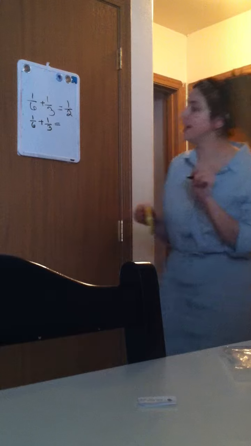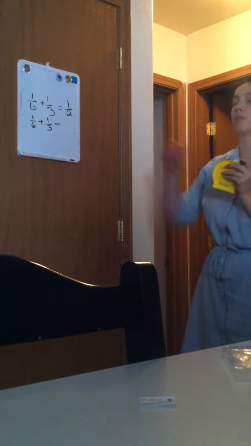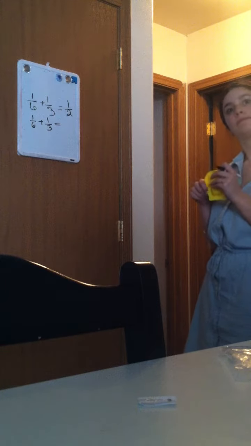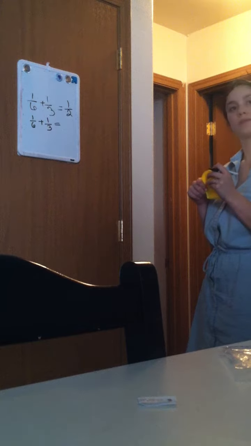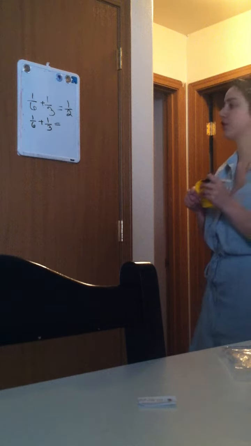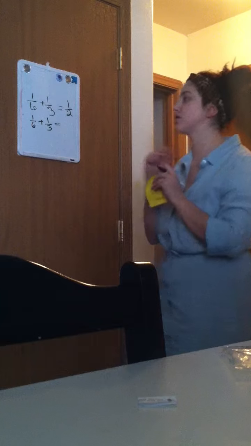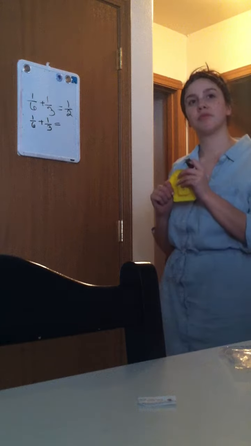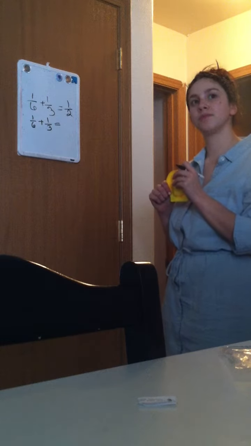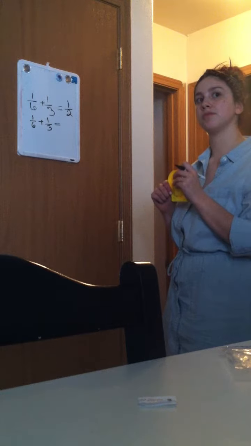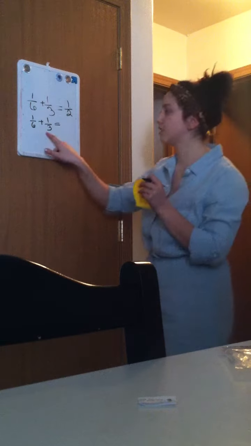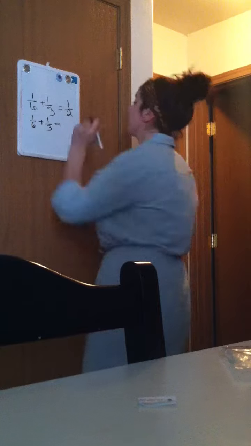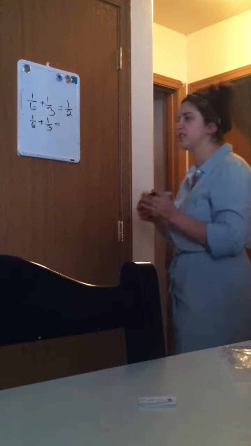So how would we use that to solve this problem? What's the first step? What do we have to do so we can add them? We need common denominators. Good.